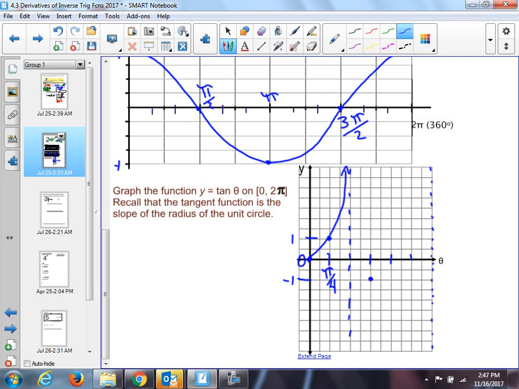So this would be pi halves. I'm not marking on there, it gets too messy. 2 halves, 3 halves pi. Okay, and then a 0 here again. So would that be an asymptote? 0 is not. Let's just take a look here.